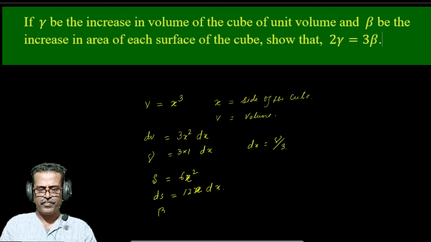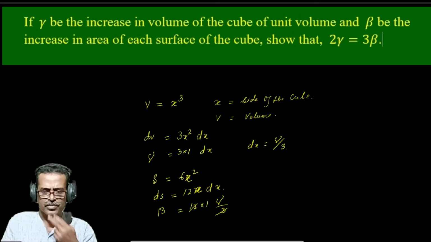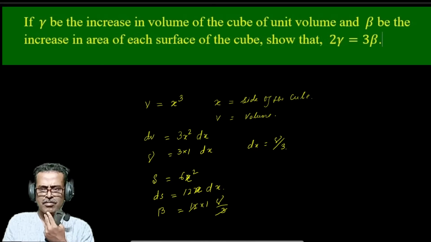Beta is equal to 12 into gamma by 3. So 3 beta is equal to 2 gamma.